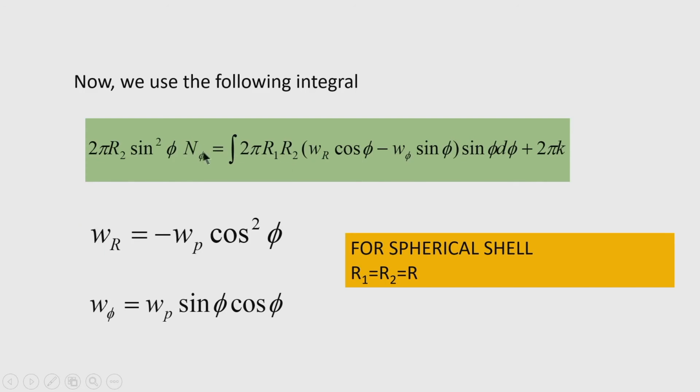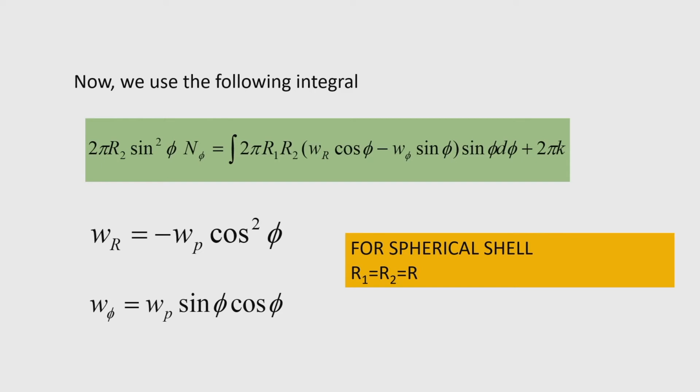Let us do it by integration from the first principle. So, the membrane stress along the meridional direction is given by this integral, and that integral is found from the first differential equation. That differential equation was found by equating the sum of the forces along the direction of phi, along the tangent to the meridian, that is we call it phi direction.